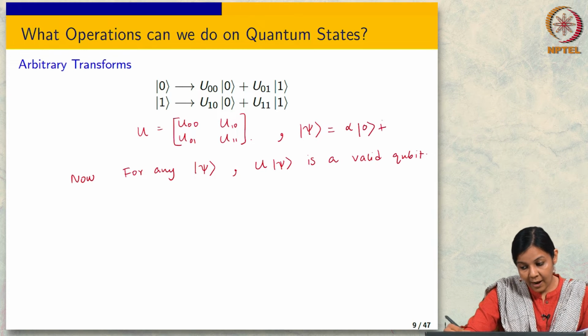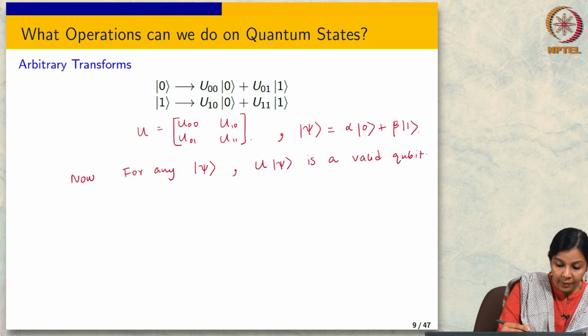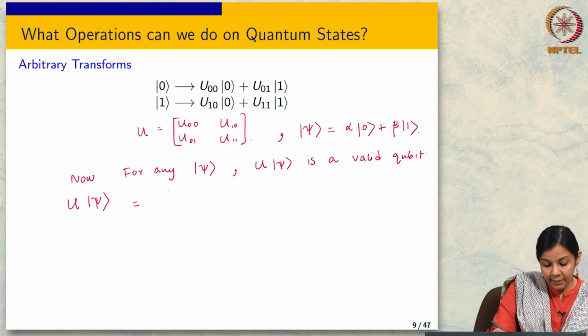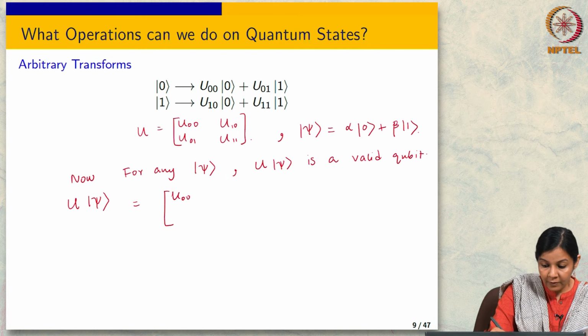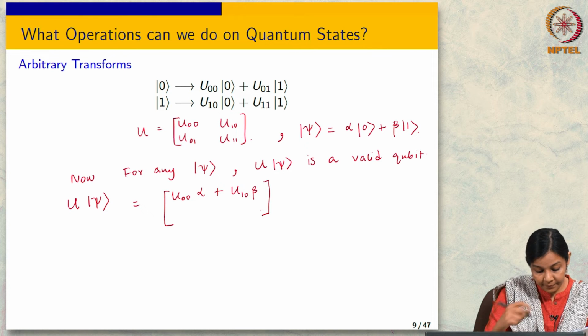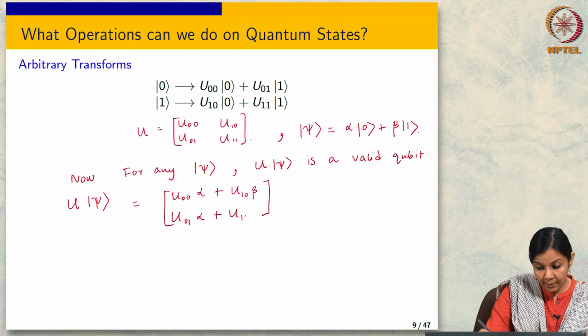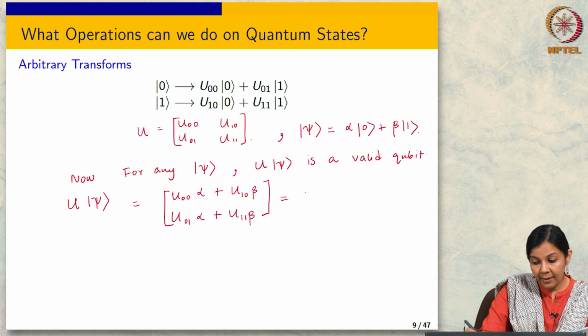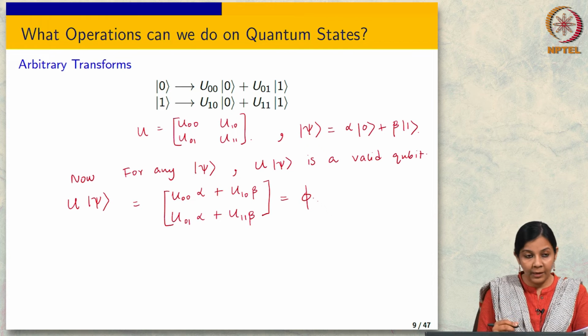Let us say alpha 0 plus beta 1, and now when I apply this matrix to this state, what do I get? I get u00 alpha plus u10 beta and u01 alpha plus u11 beta, and let me call this new state phi. Okay, so this is my new state.